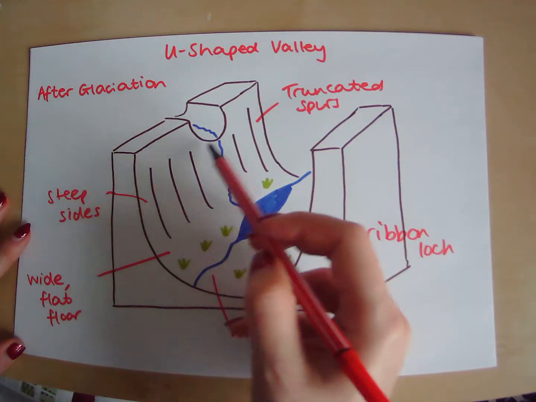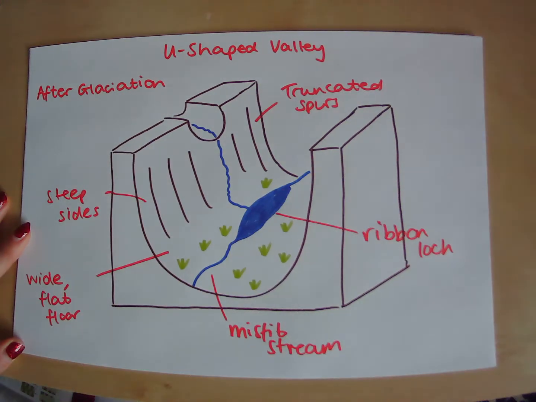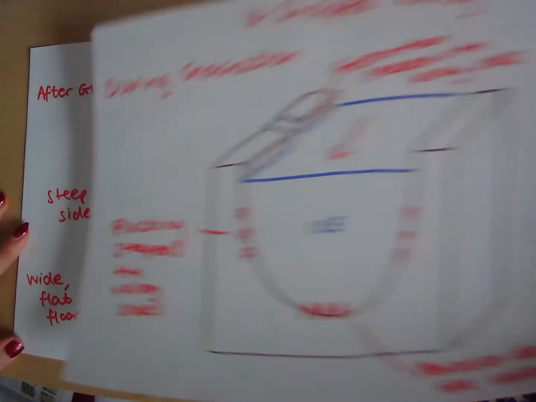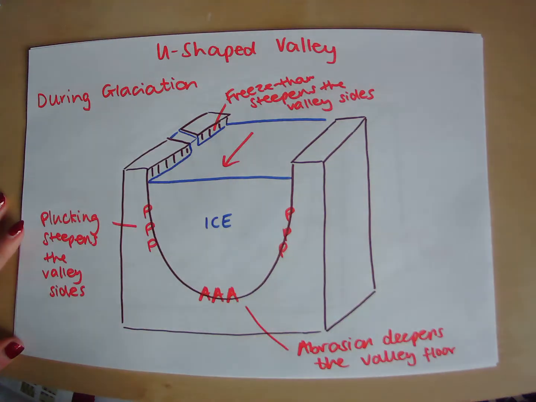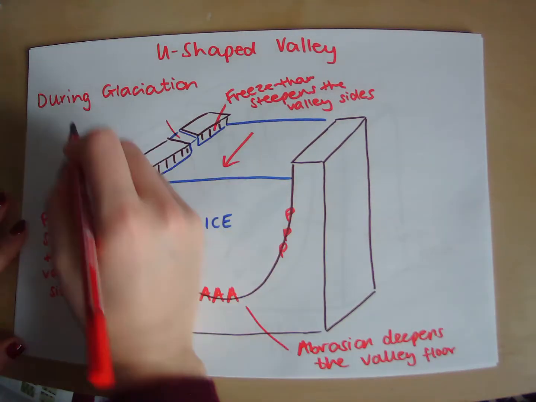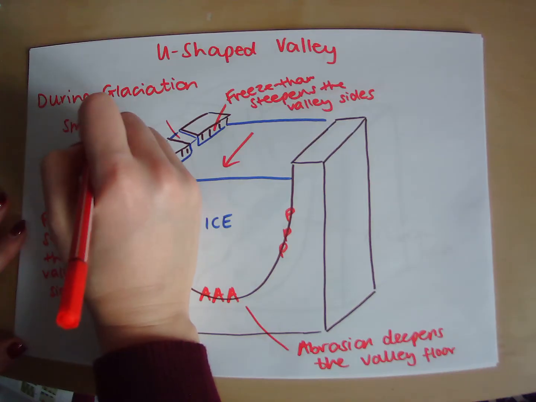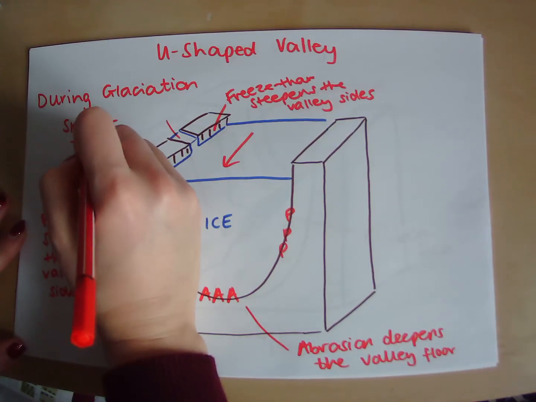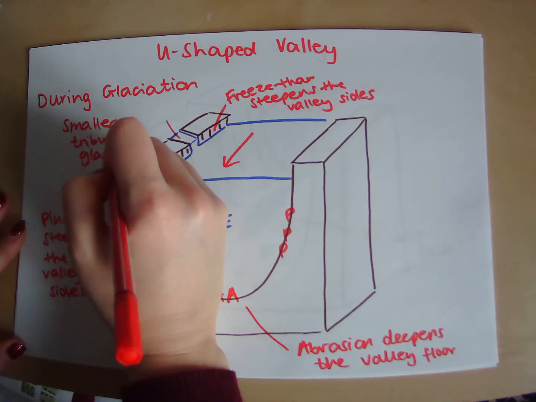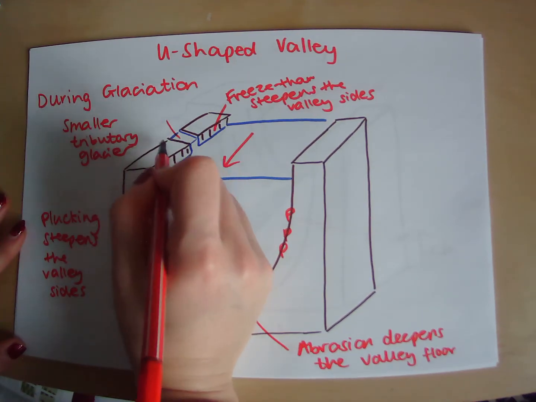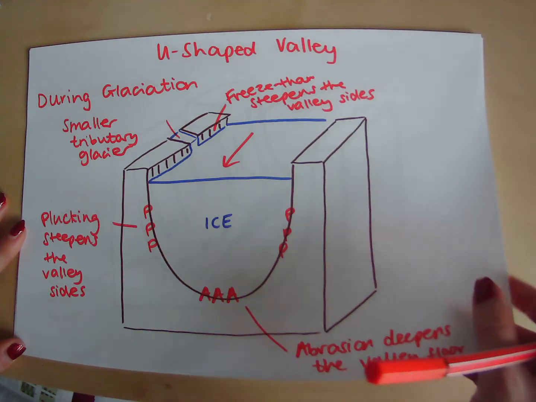And then finally, we have this feature here. I don't know if you spotted on the last diagram, during glaciation, as well as our main glacier, just like a river, we also get smaller glaciers, which are like tributaries. A smaller tributary glacier in a smaller valley becomes part of the main glacier.